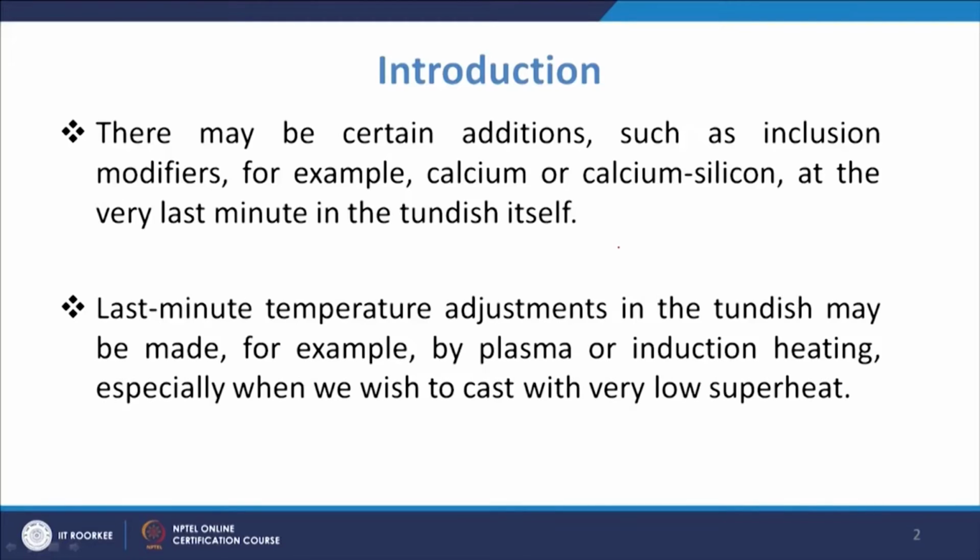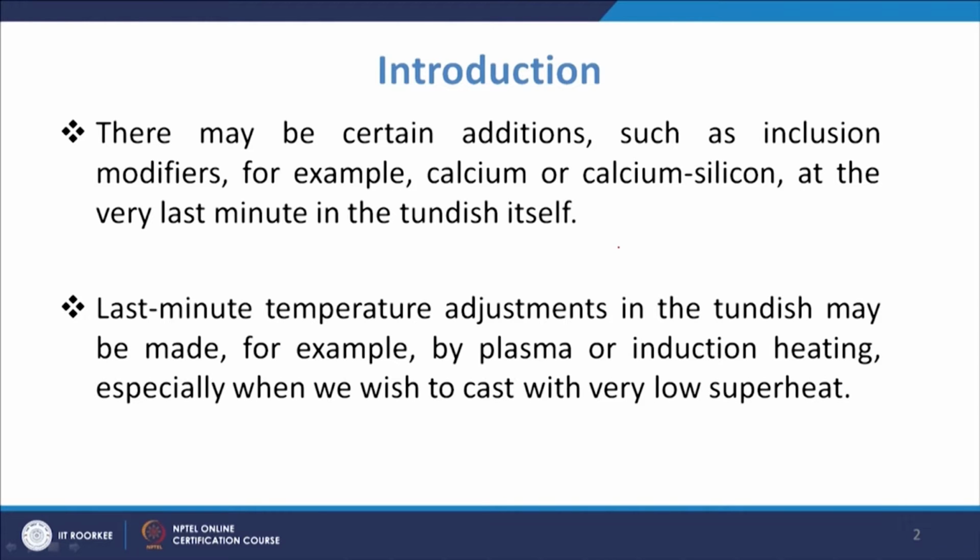You need to heat the liquid in those areas, so that the temperature is well above its melting point and there is no undesirable solidification inside the Tundish itself. So, we use plasma or induction heating, especially when we wish to cast with very low superheat.